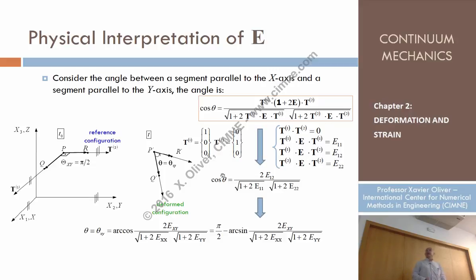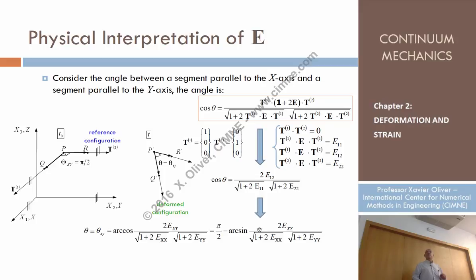So we can say that the angle that was unknown can be computed as the arc cosine of twice E12 or EXY divided by this, which is the square root of 1 plus 2 EXX times the square root of 1 plus 2 EYY. Just by some trigonometric identities, we know the arc cosine of something is pi over 2 minus arc sine of something. So finally, we can say that this angle can be written in that way.